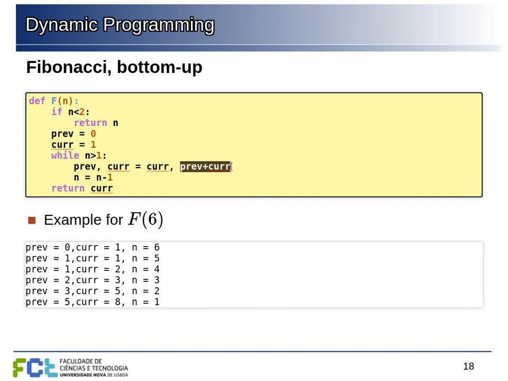Previous plus current is 1, and this is going to go into our current variable. And the old current variable is going to go into previous. So now previous is 1 and current is 1. And n is going to decrease and it's 5. And now we're going to do this again because n is still greater than 1.